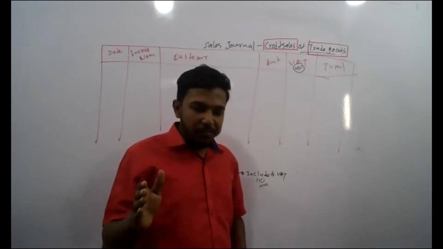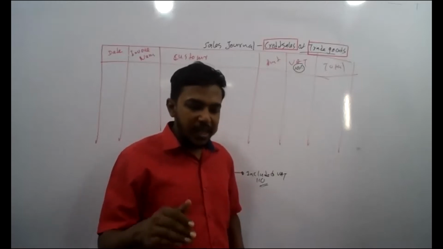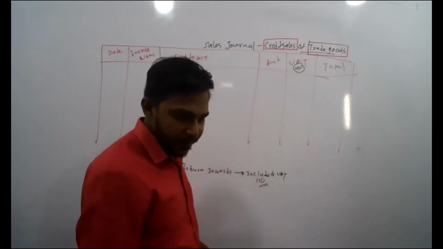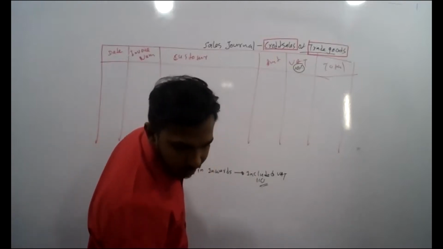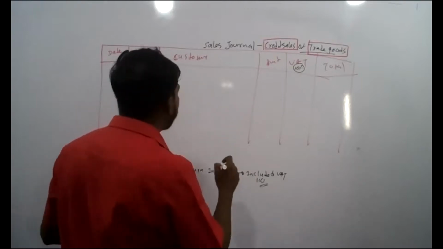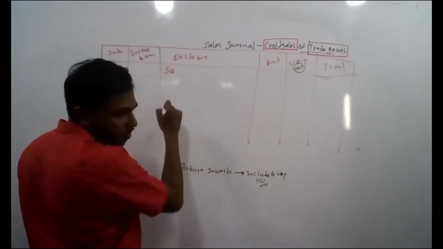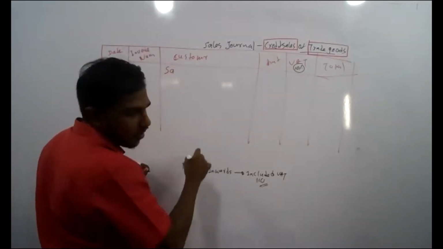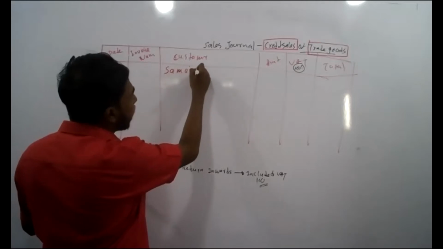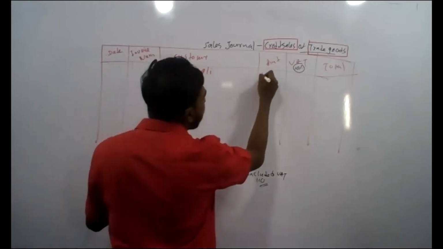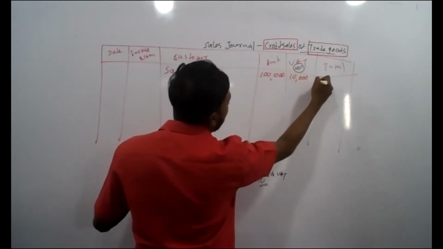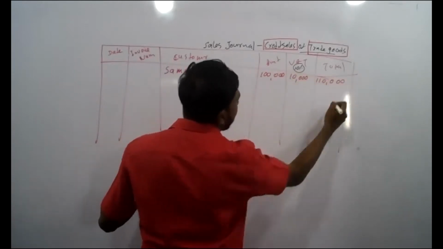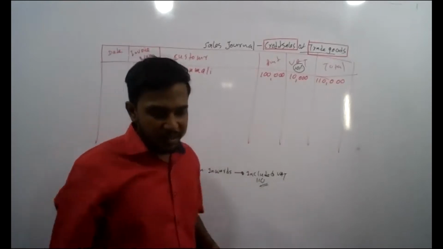First one: the company sold goods on credit basis for 100,000. So here I would say Samanali, whatever. The amount is 100,000. VAT rate is 10%, which means 10,000. So the total amount is now how much? 110,000. Total amount is 110,000.